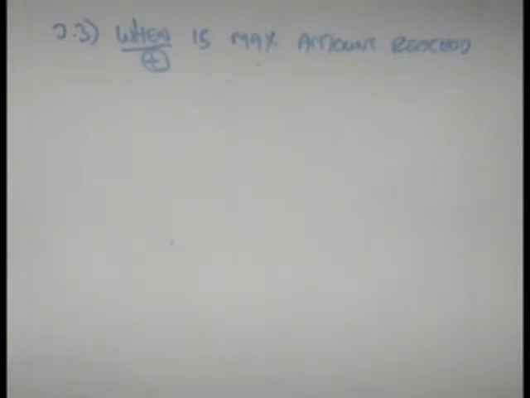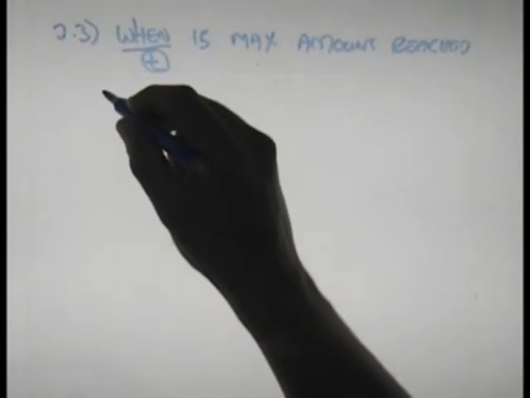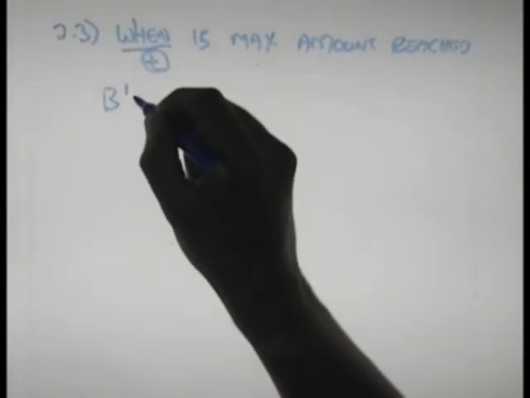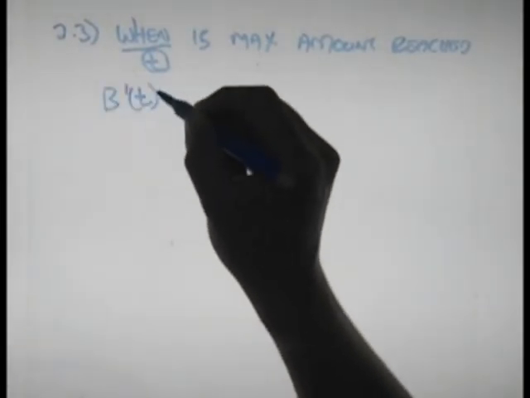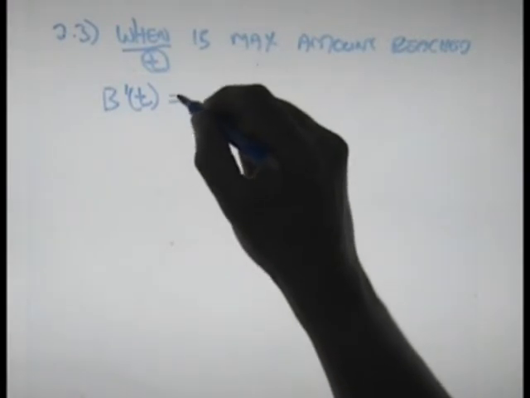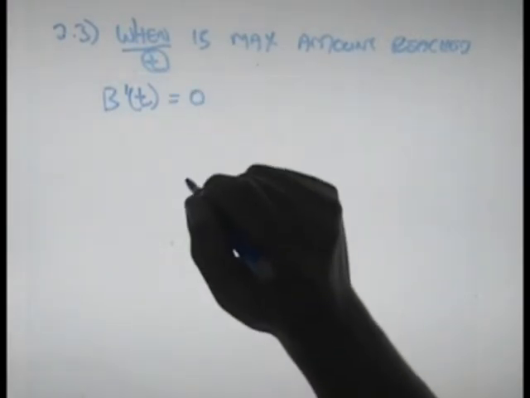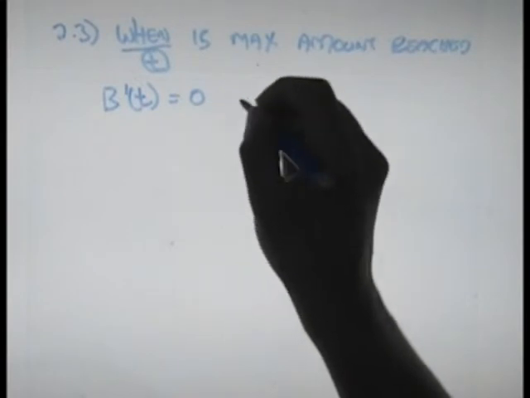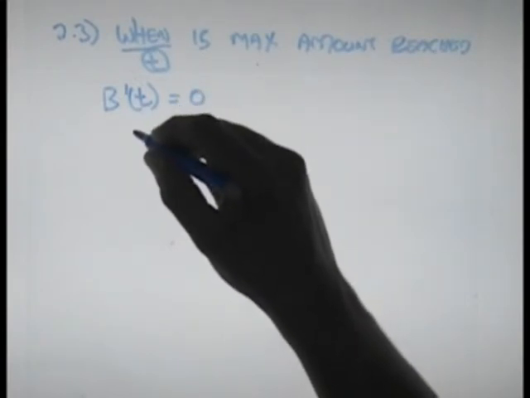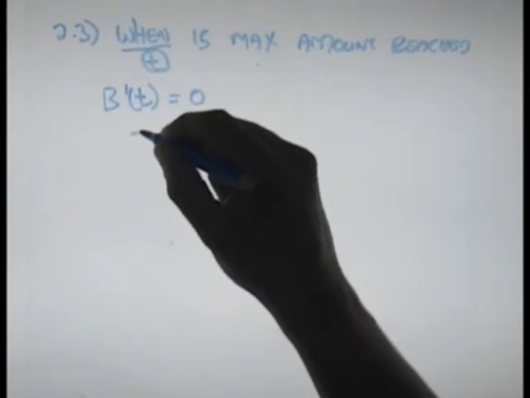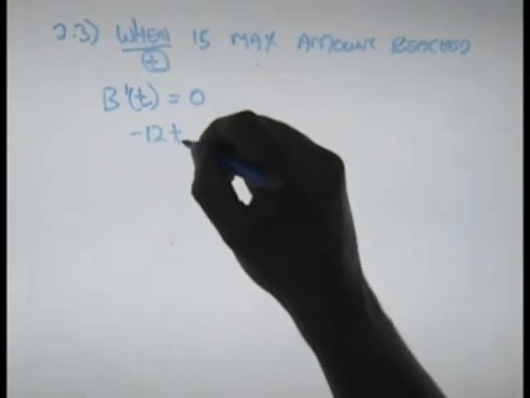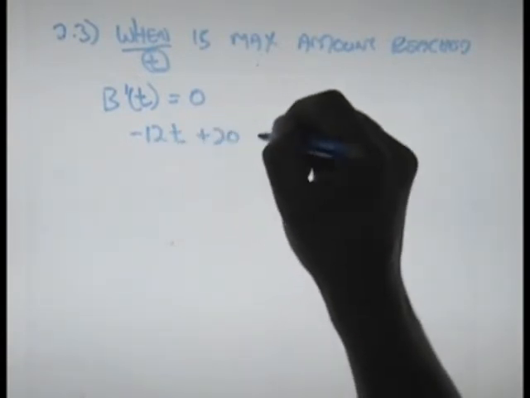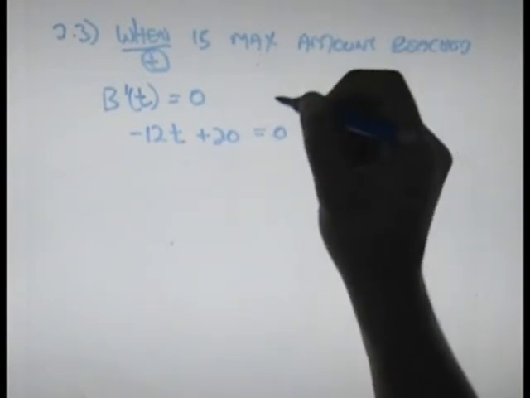Alright, in order to get that, I'm basically looking for my gradient b dash t equal to 0. My gradient is going to be given in this case by negative 12t plus 20, and that has to be equal to 0.